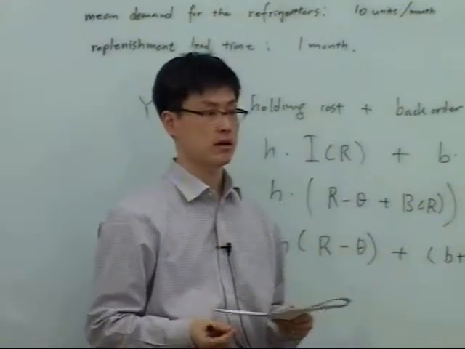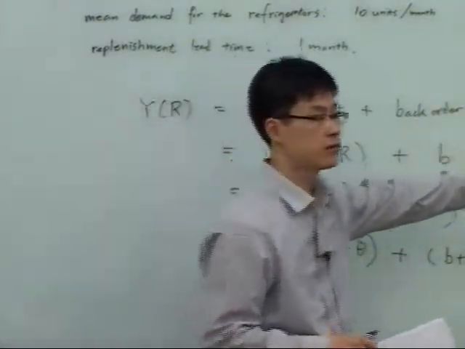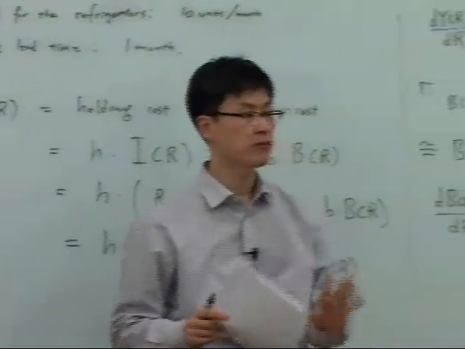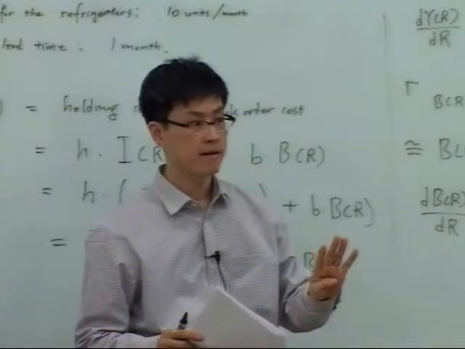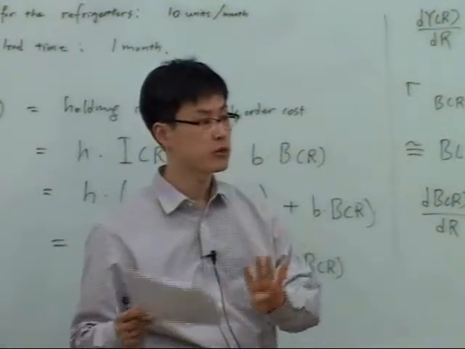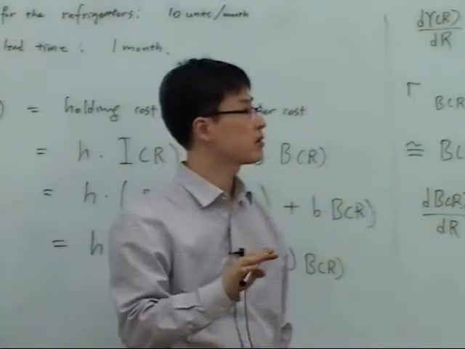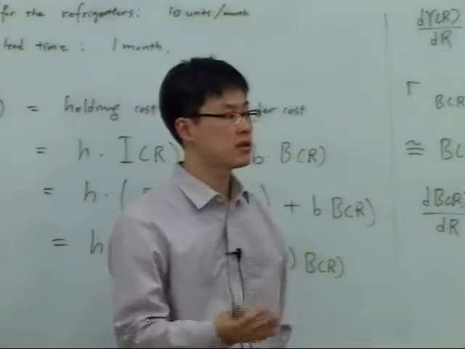is controlled by establishing safety stock. You remember that the mean demand during the lead time in the previous example was 10, and we have 4 units of safety stock. So the reorder point was 14. The safety stock of 4 means, well, the mean demand is just the mean.